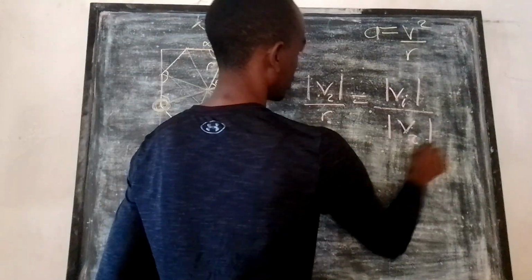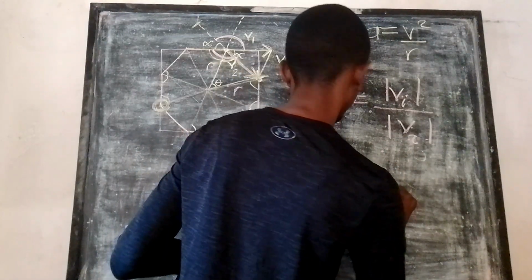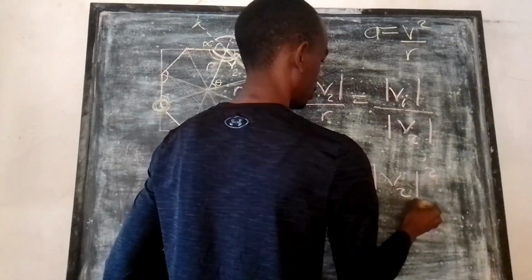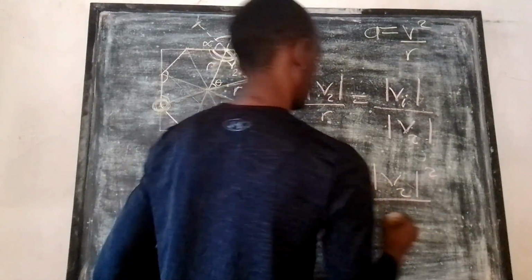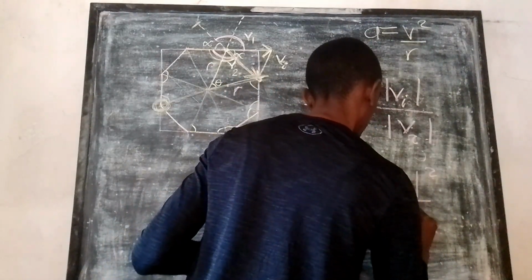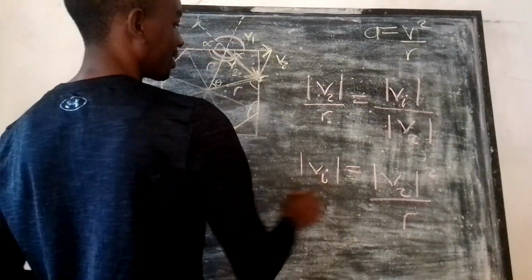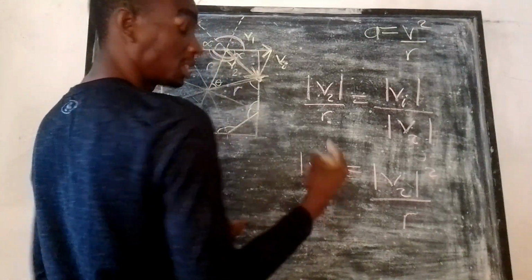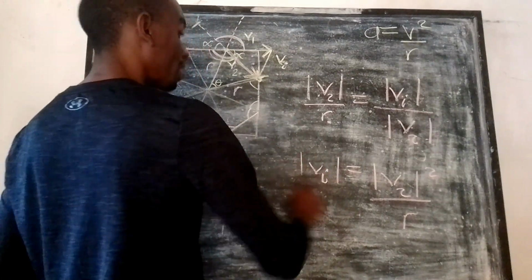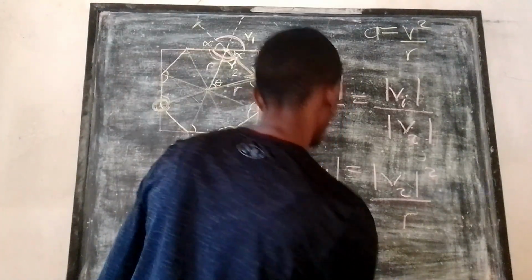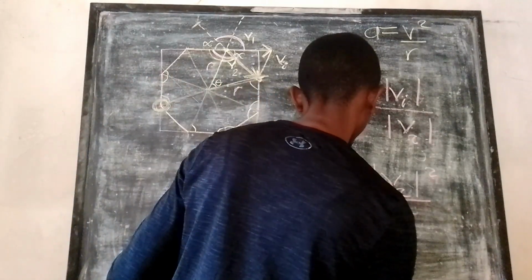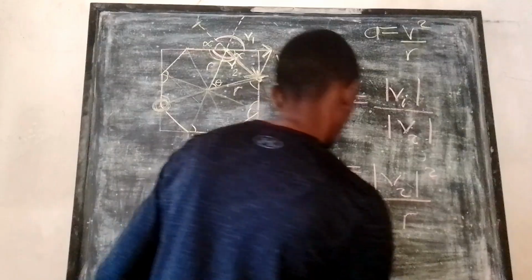Multiplying both sides by this gives us V2 squared all over r. But again, like I mentioned, this is simply the acceleration. Watch my previous videos to understand why I'm always saying this is the acceleration. So this being the acceleration, we end up with A.